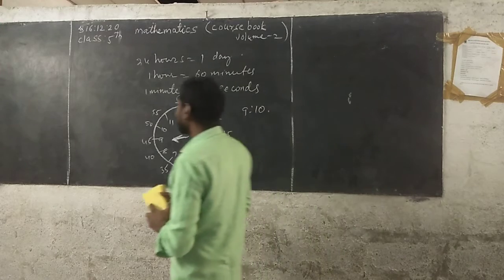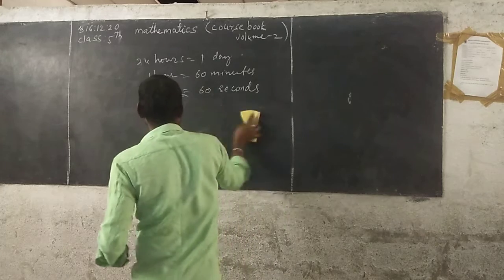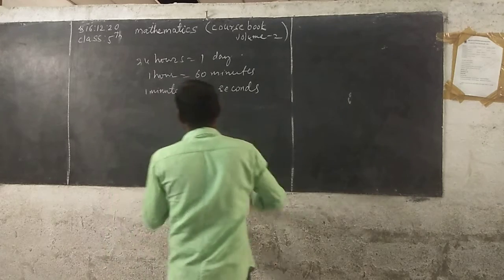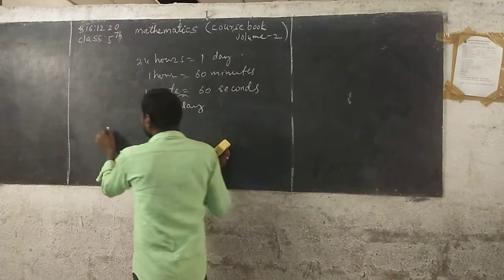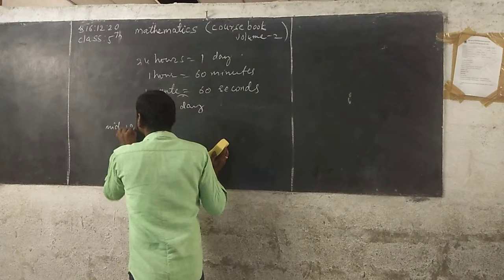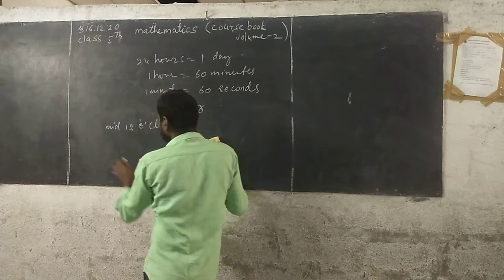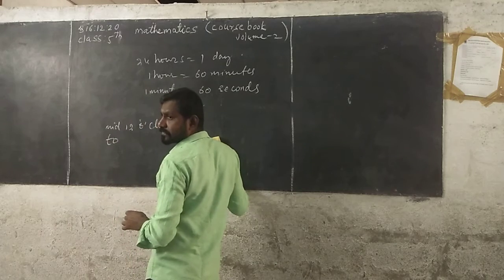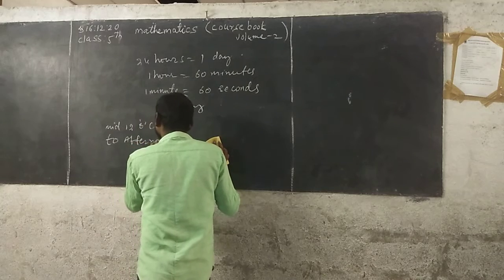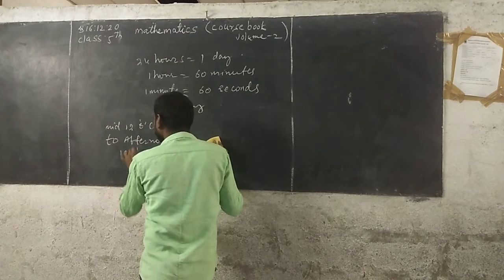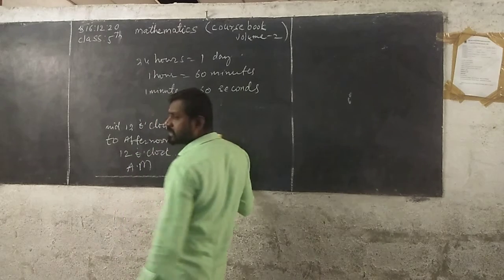Here is one conclusion. In a day, from midnight 12 o'clock to afternoon 12 o'clock is known as AM.